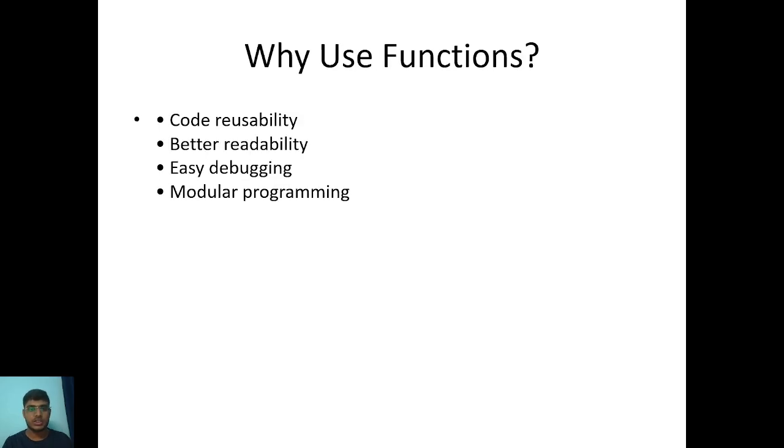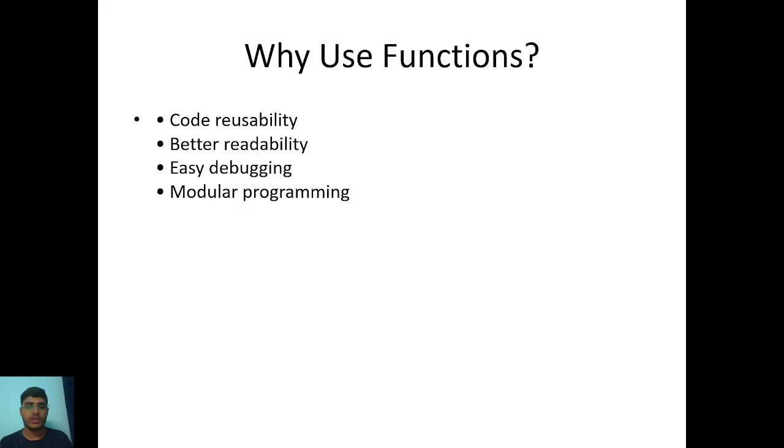So why do we use functions? Code reusability. A function is a block of code that we can reuse many times as we need. Better readability, easy debugging, modular programming.